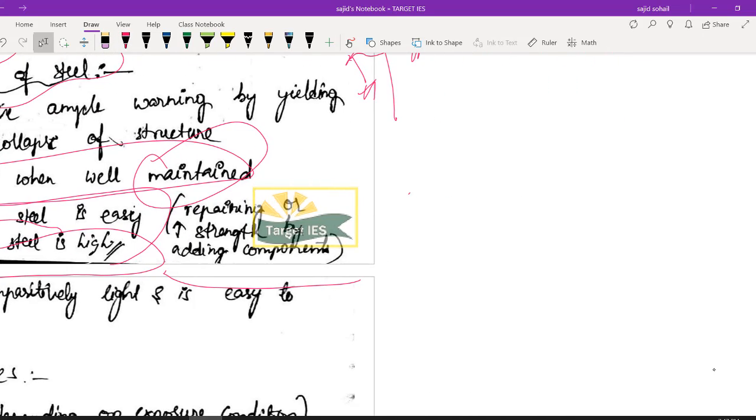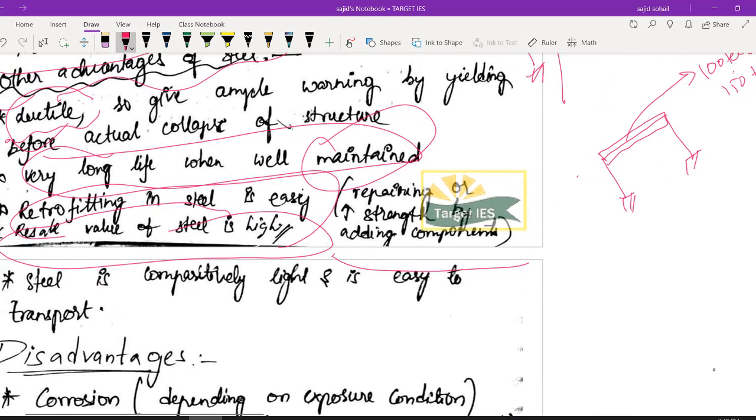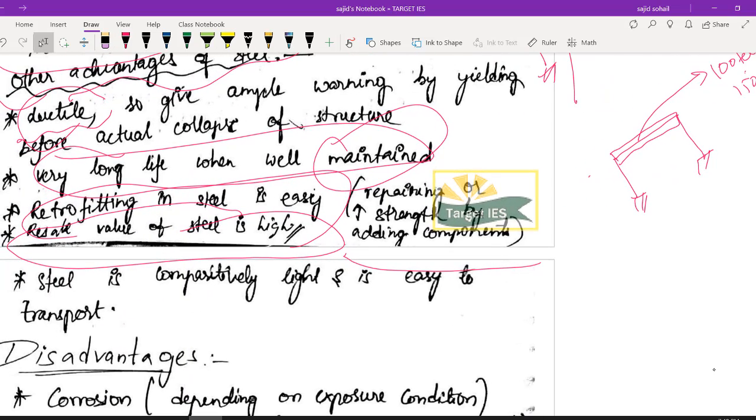For example, let us say you have some structure like this, and it is designed for 100 tons of load. Okay, so now you have to increase the load. Now you have done the calculations and found out it should be actually designed for 150 tons. You can increase its thickness, right? What you can do, you can easily retrofit it, you can attach more components and increase the strength of it.